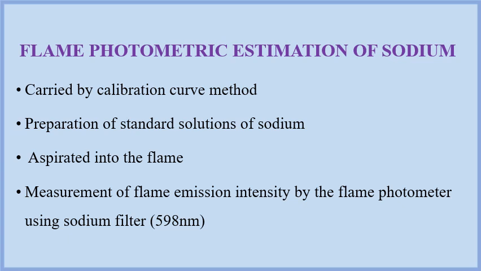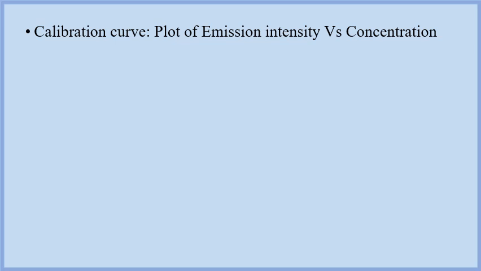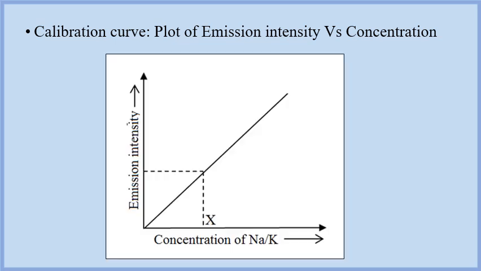The emission intensities of sample solution is also measured. By plotting calibration plot, that is emission intensity versus concentration of sodium, it is possible to find the concentration of sodium in the sample solution. Similarly, potassium can also be determined by potassium filter.